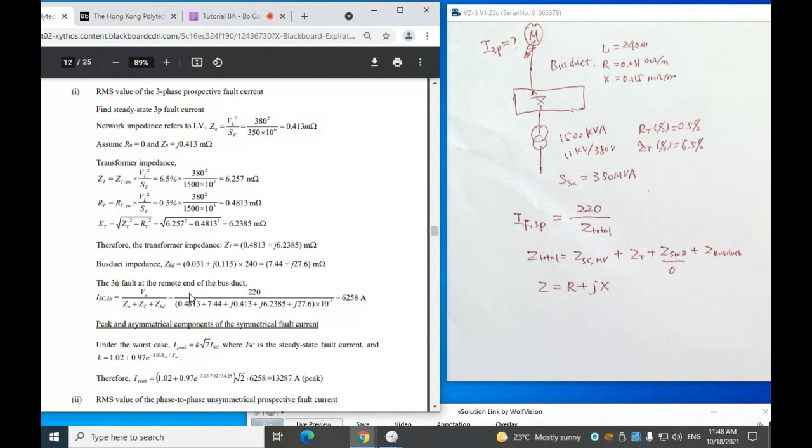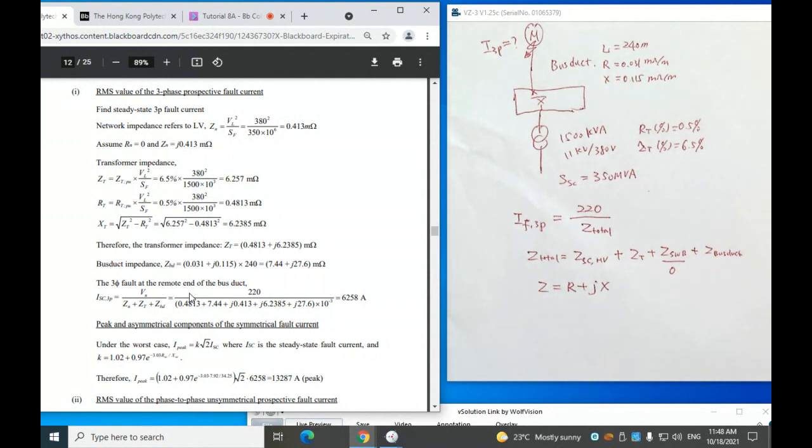We substitute those impedance values in the general formula, so you can find the total impedance. Of course, this one is 0, so you can put a 0 here. The final result is a complex number in total impedance, so you have to find the absolute value. First combine all the real resistance values together and the imaginary values together, and then find the absolute value.